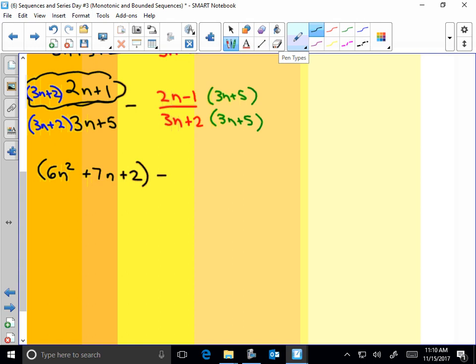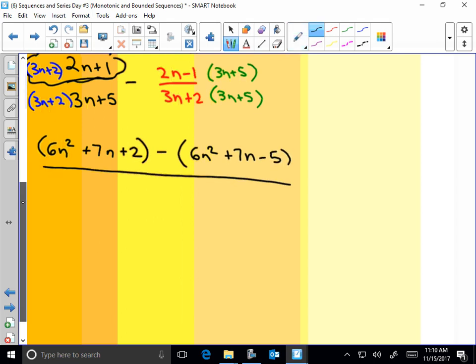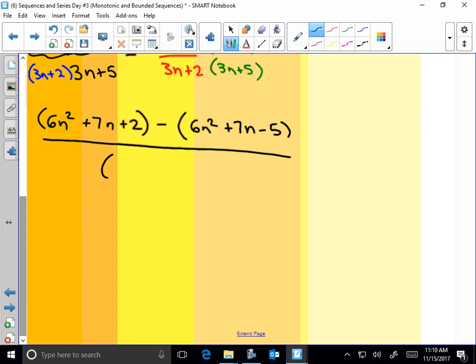So I'm hoping that I get a 6n squared and a 7n, because then they'll go away and I'll just get a constant. Foiling, I get a 6n squared, I get a 7n, and I get a minus 5. Look at that. And that's all over 3n plus 2, 3n plus 5.